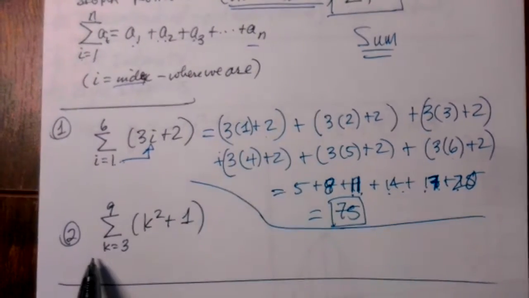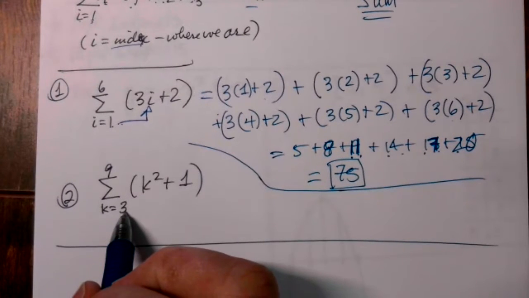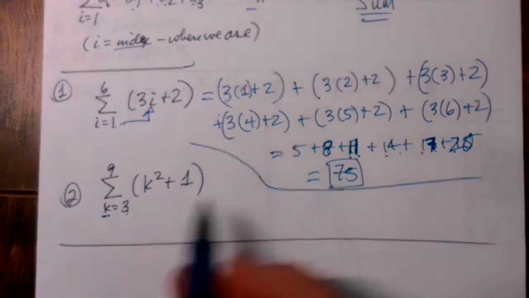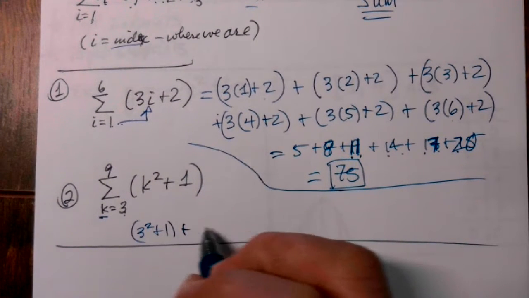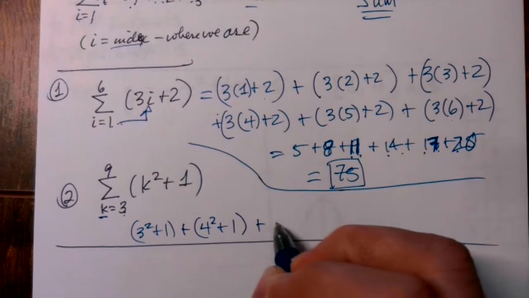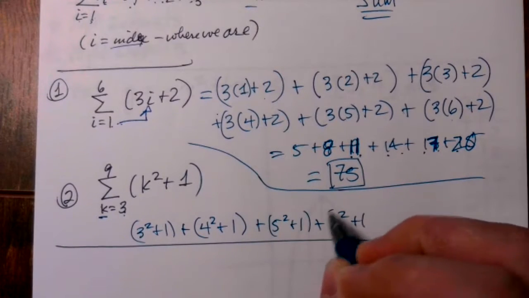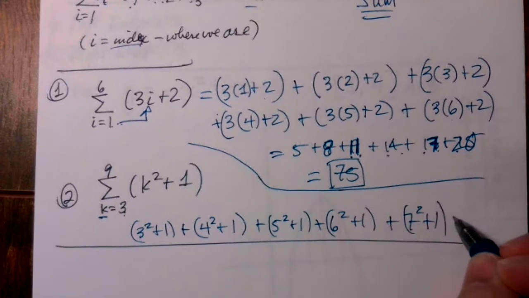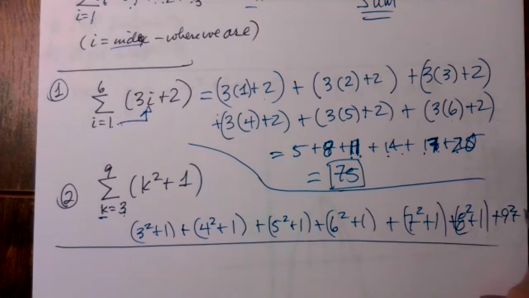Okay. Number 2, same idea. This other example is just now we're starting at 3 instead. And notice this one is k from 3 to 9. So this is going to be 3 squared plus 1 is where we start, plus 4 squared, and you just increment by 1s. 5 squared plus 1, 8 squared, 9 squared plus 1.